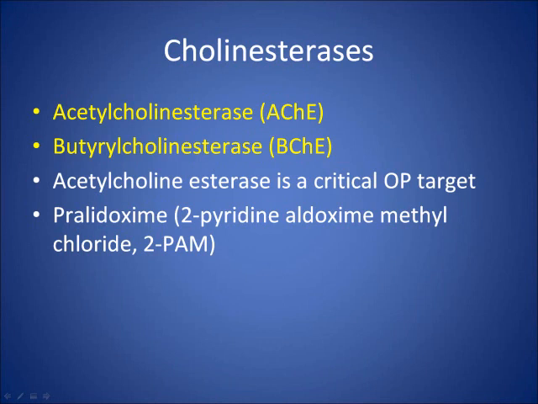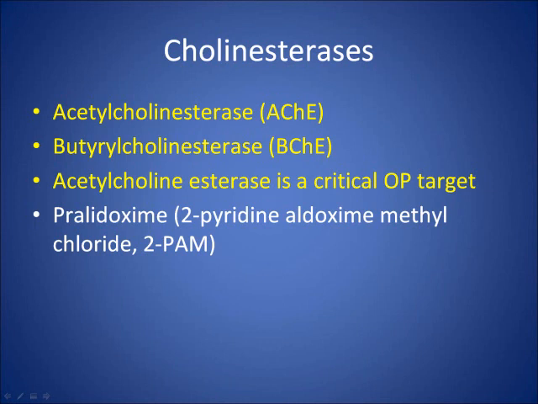Like the carboxylesterases, both cholinesterases are inhibited by organophosphate compounds. An important point that I will make here is that the most critical target in terms of organophosphate-induced toxicity is the acetylcholine esterase enzyme.